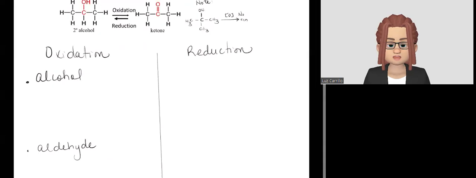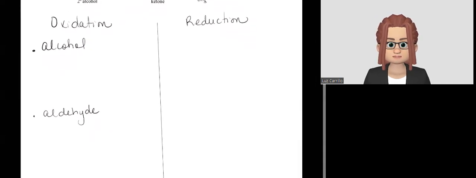If we look at oxidations of alcohols, primary alcohols will result in the formation of an aldehyde. Primary alcohols can also result in the formation of a carboxylic acid.